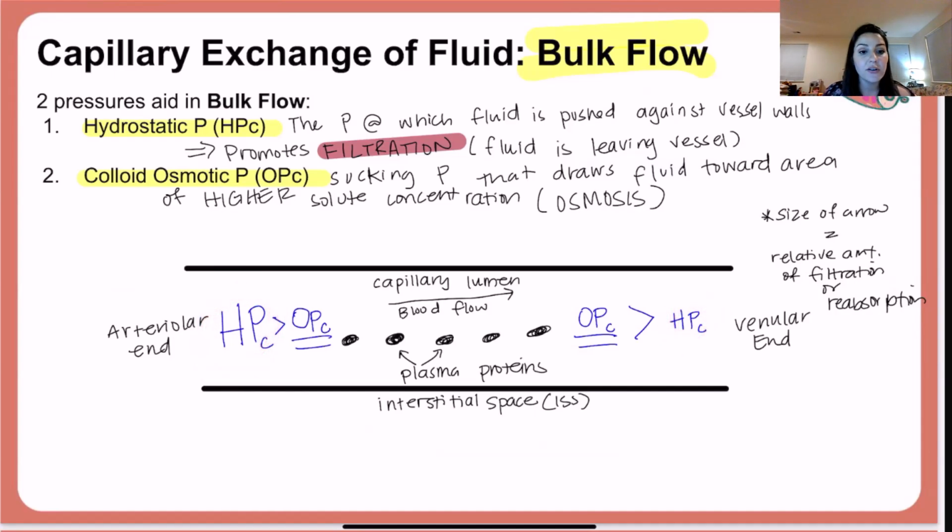So when hydrostatic pressure is bigger, as it is on the arteriolar end of the capillary, hydrostatic pressure is the pressure that pushes on these vessel walls. And if hydrostatic pressure is pushing on those vessel walls and capillaries are permeable, we're going to start pushing fluids out. And pushing fluids out is the process called filtration. So I'm going to draw my big arrow like this, and then I'm going to erase all the stuff inside.